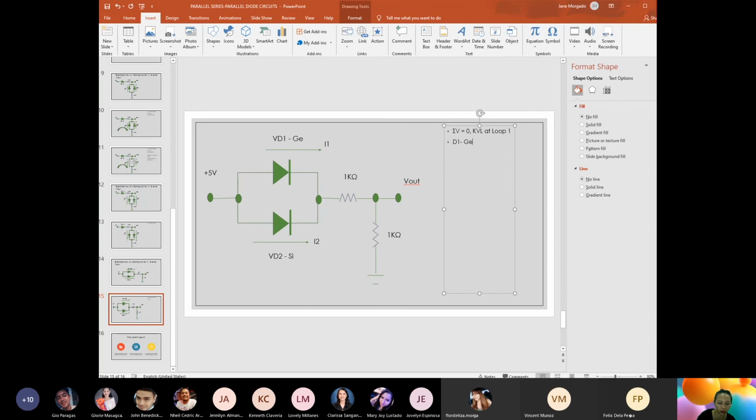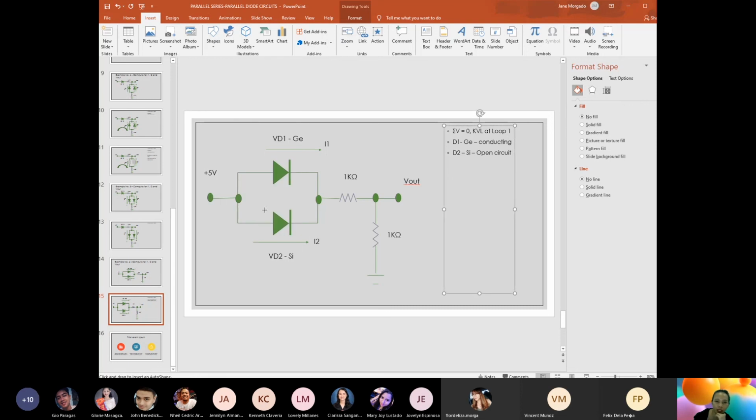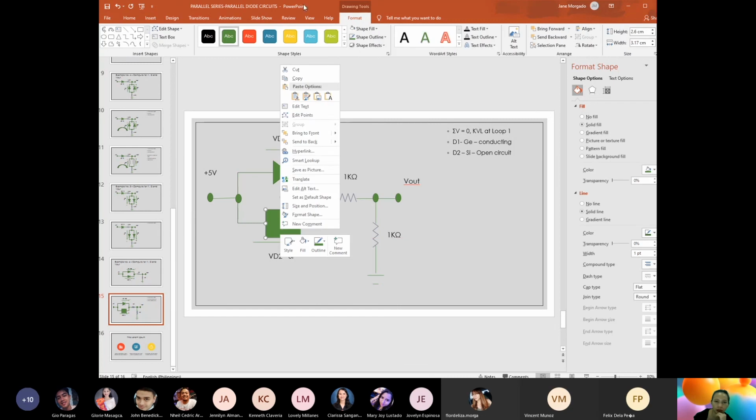The germanium is conducting. Whereas D2, silicon, off siya lagi or open circuit. Okay? It will never have the chance to fire. Hindi na siya magpa-fire talaga, kasi 0.7 siya, di ba? Whereas germanium is only 0.3.